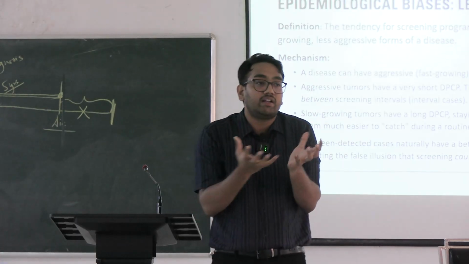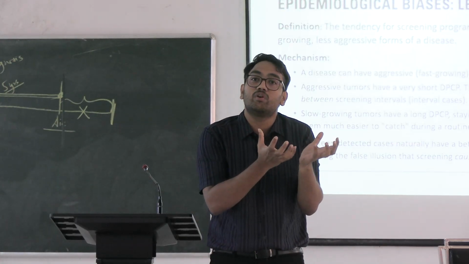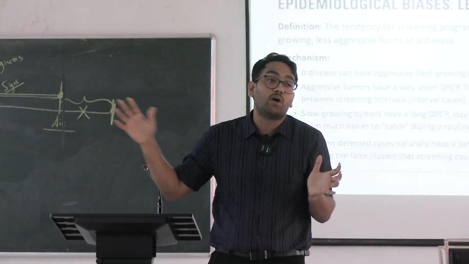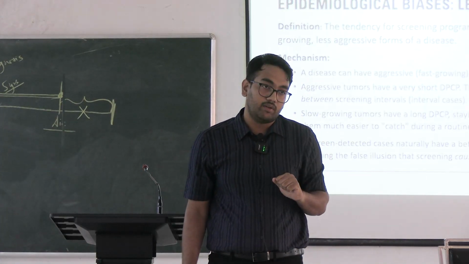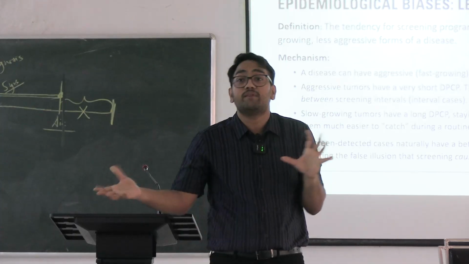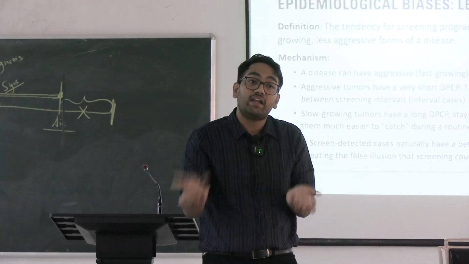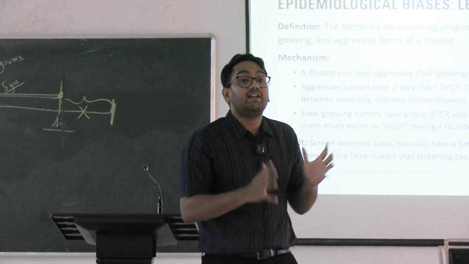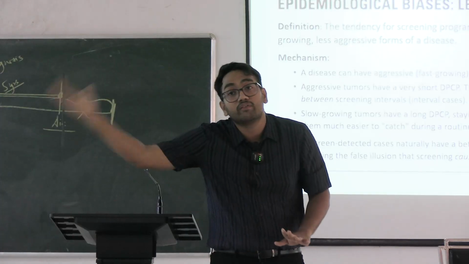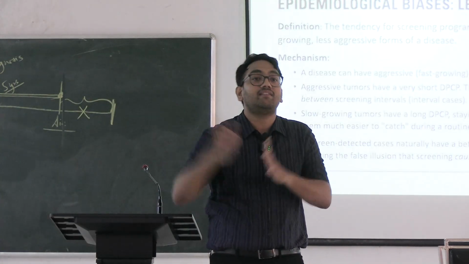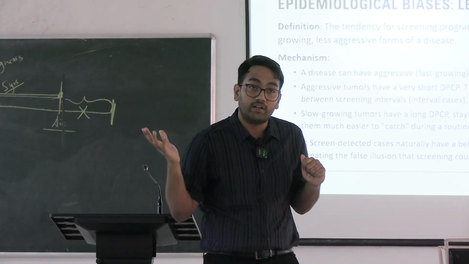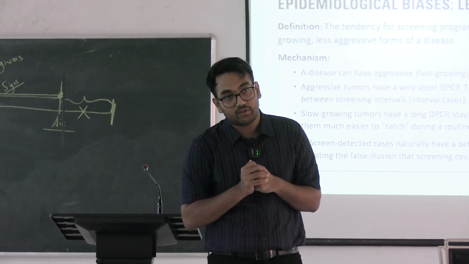And because the screening test will identify only the slow growing or the better diseases, the outcomes will also be better with the screening program. So we will apparently feel that the screening program is very effective, but in reality it is detecting the less aggressive forms. So the prognosis with those less aggressive forms was already better, and that is leading us to feel that our screening program is working, and in reality it is not.